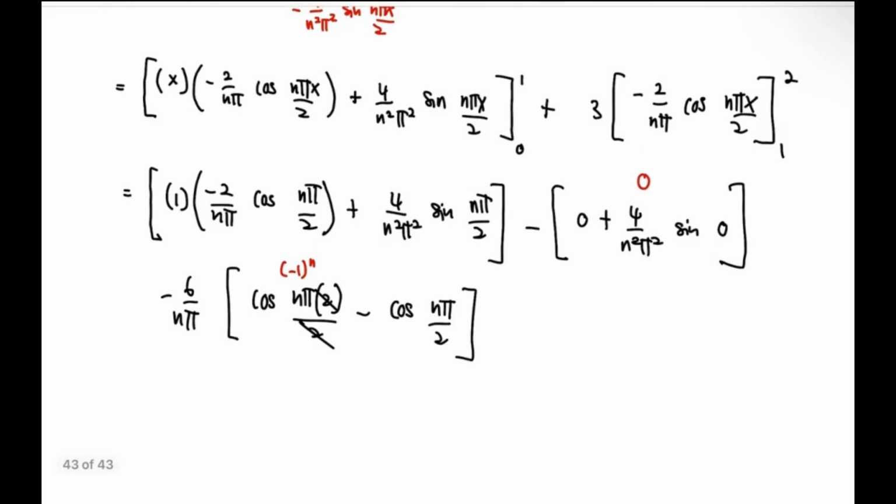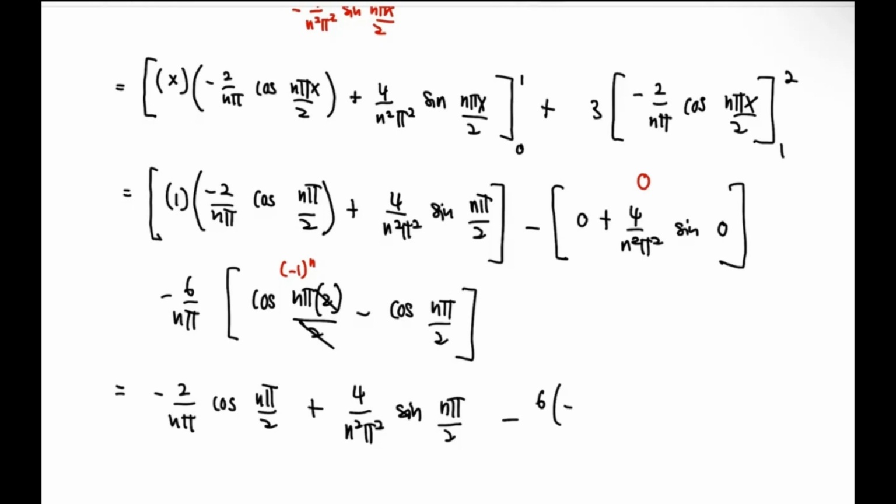So let's simplify everything we have. So we have negative 2 over n pi cos n pi over 2 plus positive 4 over n square pi square sine n pi over 2 minus 0 minus 6 multiplied by negative 1 to the power of n, so plus 6 over n pi cos n pi over 2.